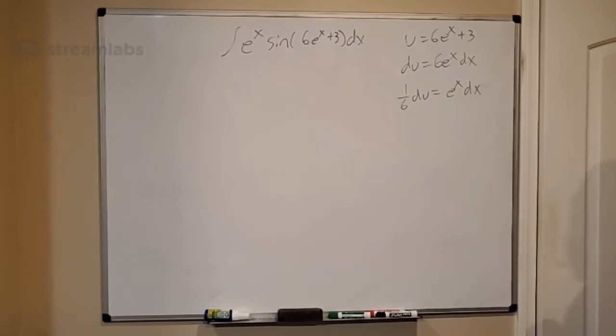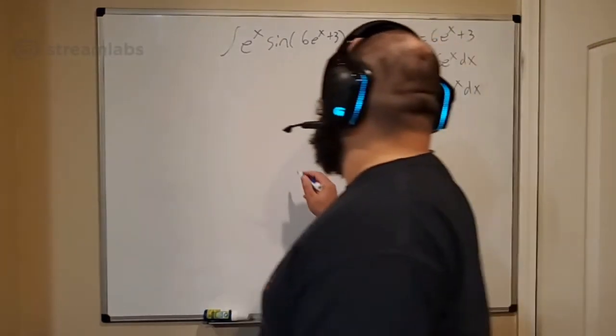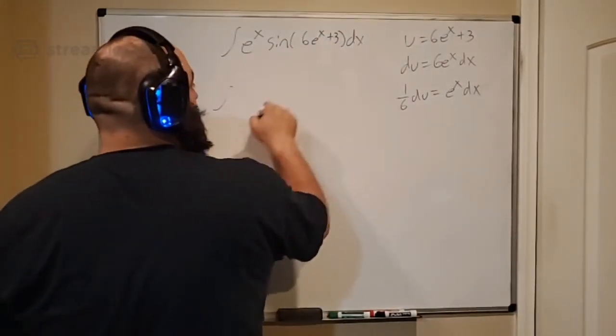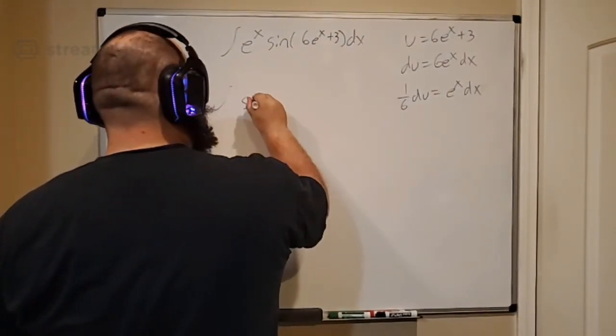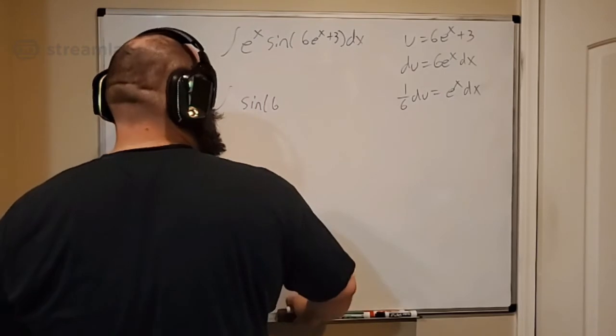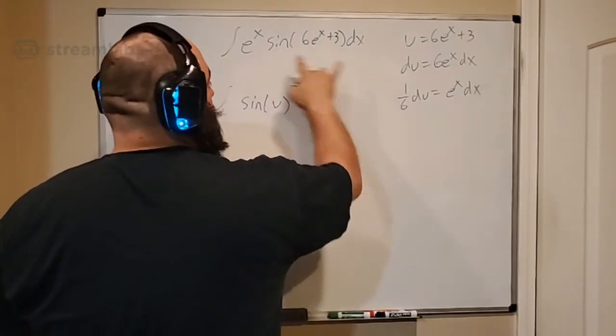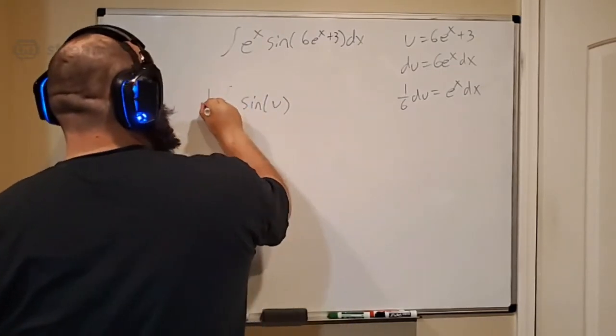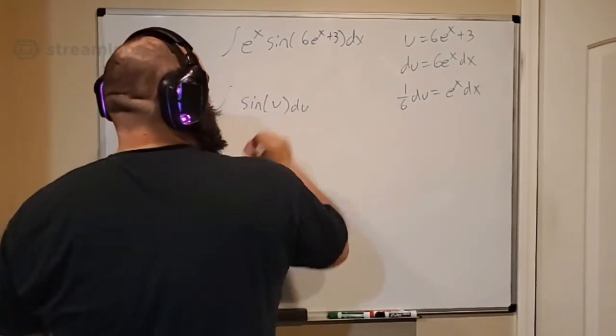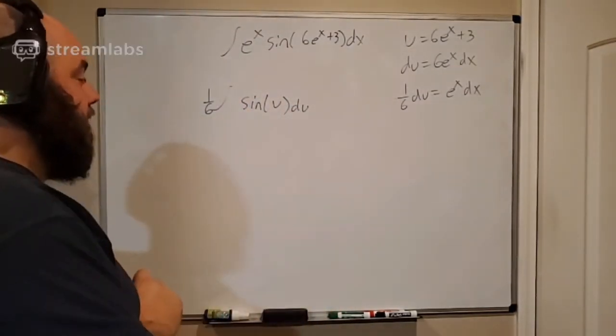So we get sine u, and then the e to the x dx will turn into 1/6. I'm going to move that 1/6 out front. And we get a hopefully relatively easy function to integrate. So what's the antiderivative of sine of u?